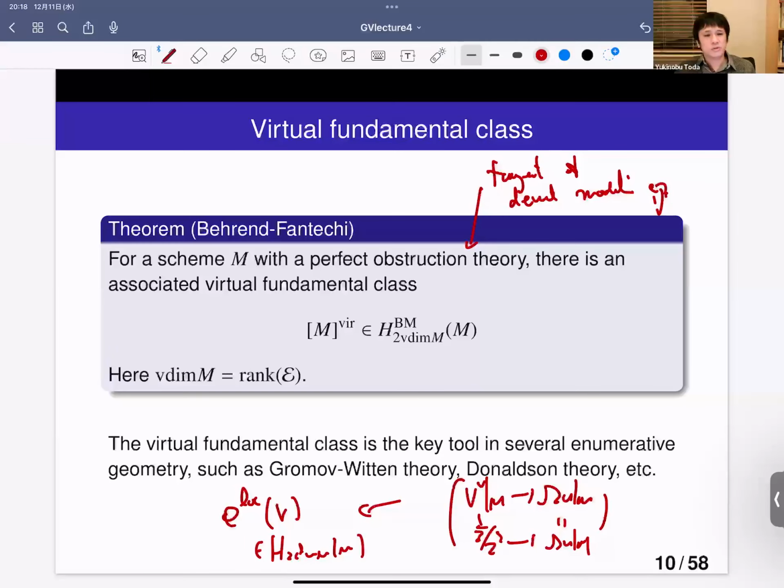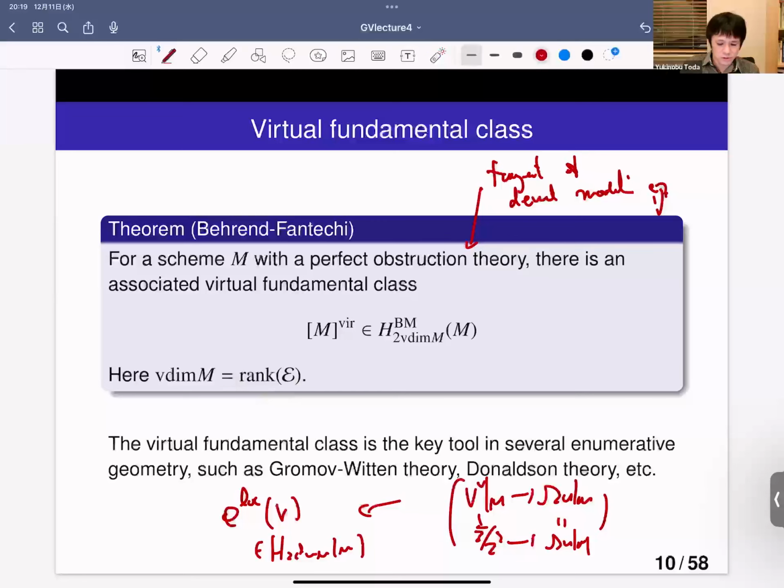Technically, it is also more difficult to construct virtual structures on the moduli problem. But anyway, in many contexts of moduli theory, we can construct a perfect obstruction theory and also construct a virtual class. The virtual dimension is the rank of the perfect obstruction theory.